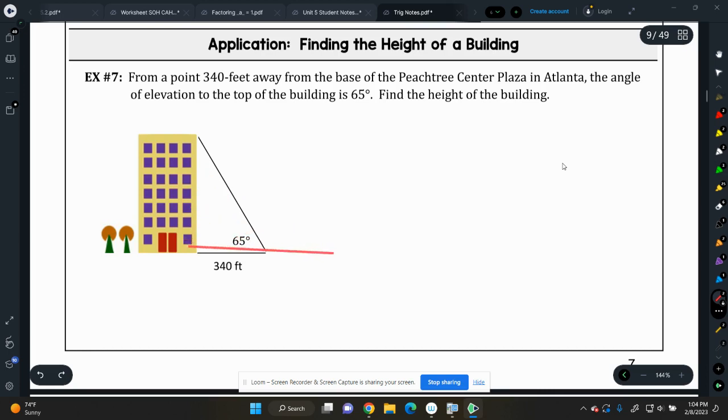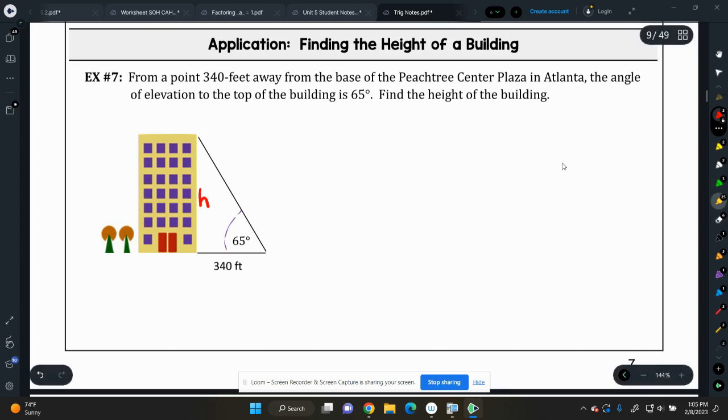The angle of elevation is the angle this line makes with the ground. Find the height of the building. So we're trying to find this height right here.